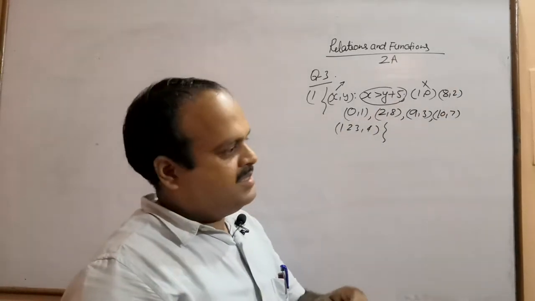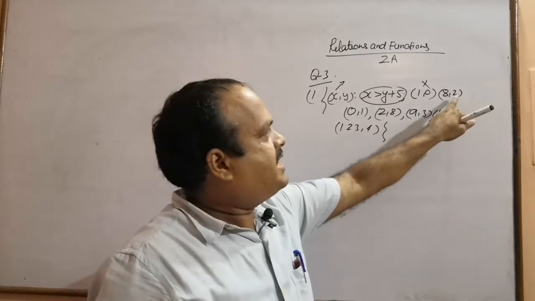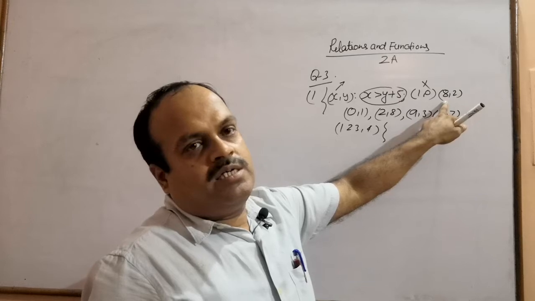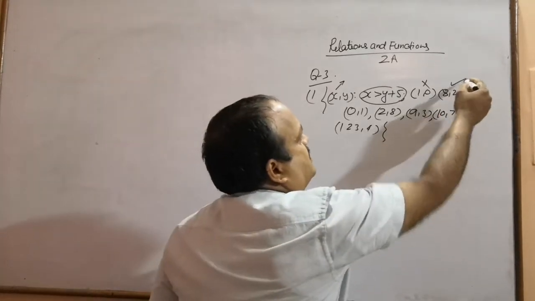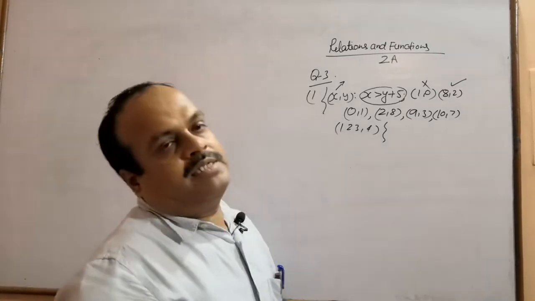Second, add 5 to this second entry, you will get 7. Yes, 8 is 5 more than 2. Yes, it is correct. So it will be the part of the relation.